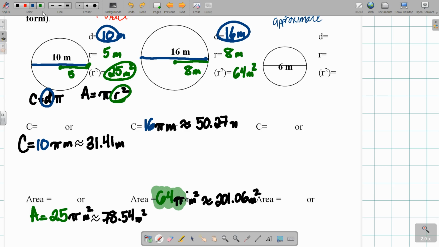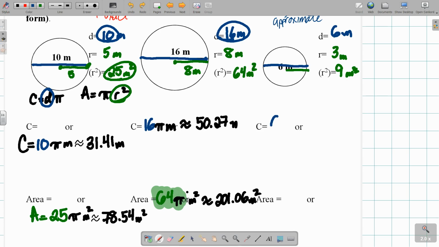Again, last one. Trace the diameter. C equals d pi.